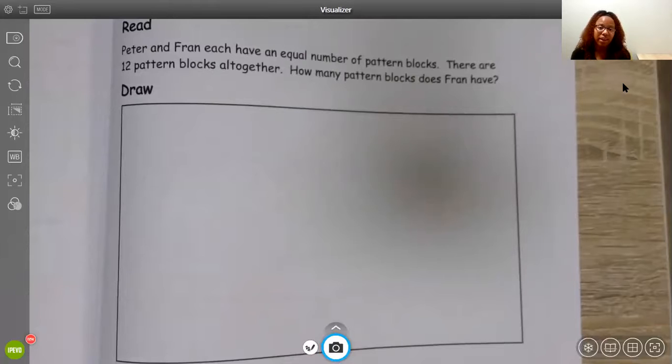Peter and Fran each have an equal number of pattern blocks. That word equal tells me that they have the same amount or the same number of pattern blocks. So I've got to keep that in mind when I solve. There are 12 pattern blocks all together. How many pattern blocks does Fran have?